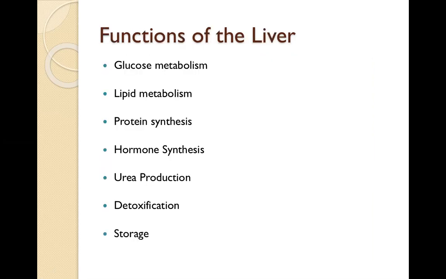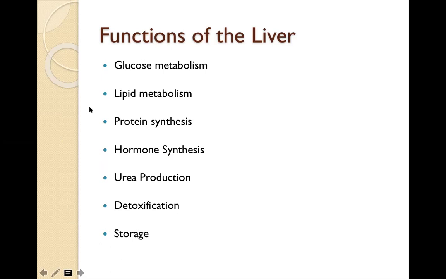So the major functions of the liver, we only talked about bile synthesis really, but it has a huge number of functions. It is involved in glucose metabolism, lipid metabolism, protein metabolism, hormone synthesis, urea production, detoxification. It stores substances like glycogen. It stores various vitamins.